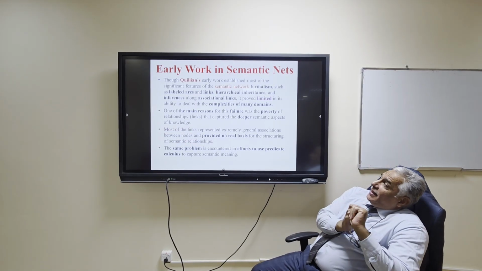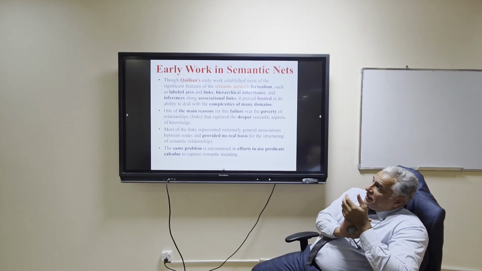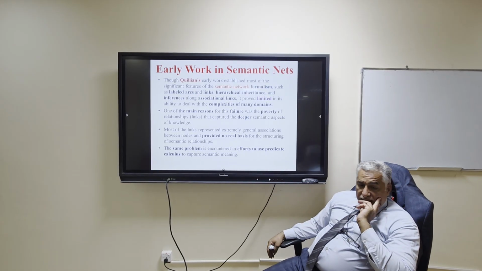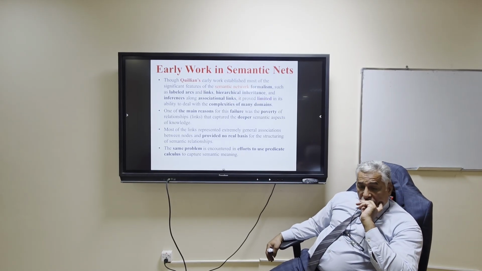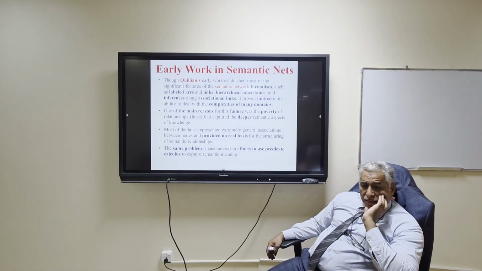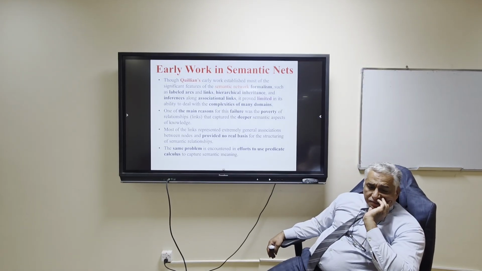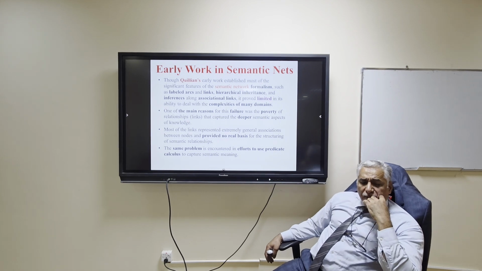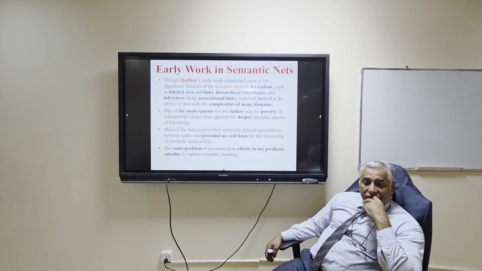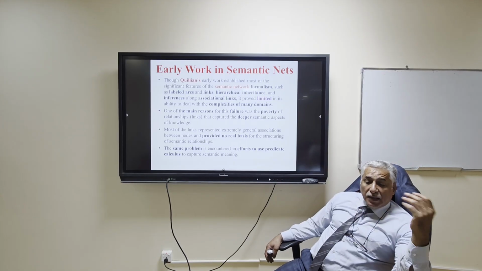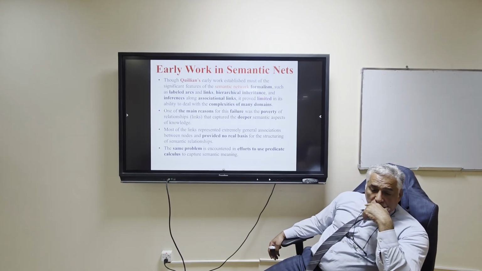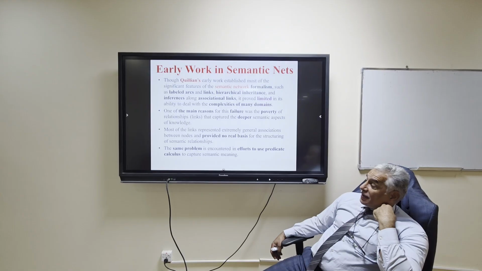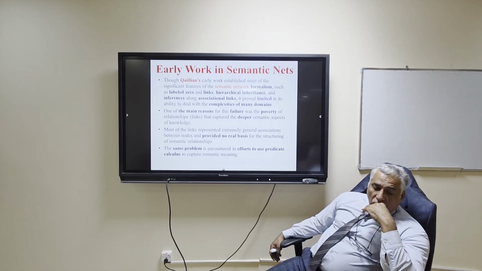Quillian's early work established most of the significant features of the semantic network formalism, such as labeled arcs and links, hierarchical inheritance, and inferences along associative links. It is limited in its ability to deal with the complexities of many domains.